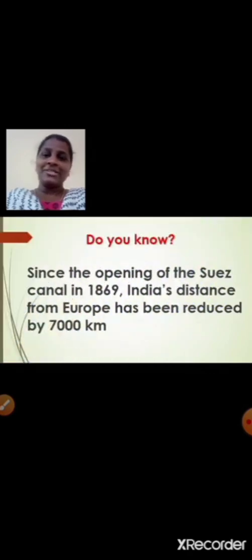Now let us learn about the Suez Canal. Suez Canal is a man-made waterway connecting the Mediterranean Sea to the Indian Ocean via the Red Sea. I will explain with the help of the map. Before that, I just want to inform you something about Suez Canal. Since the opening of the Suez Canal in 1869, India's distance from Europe has been reduced by 7,000 kilometers.